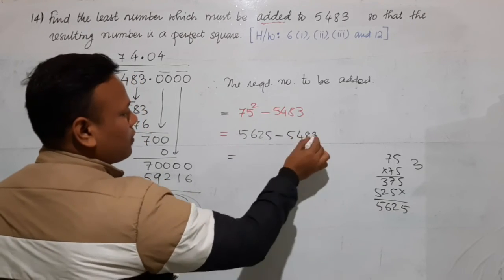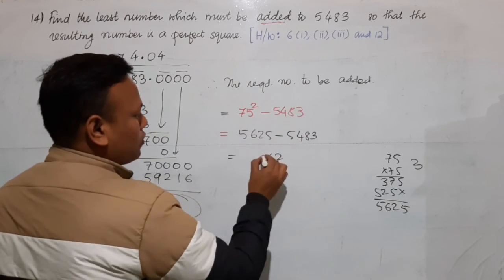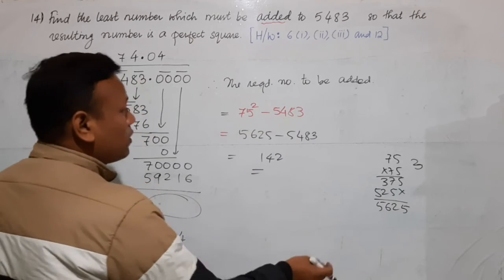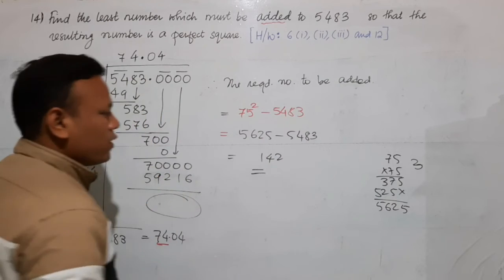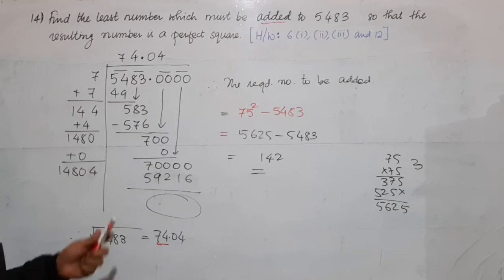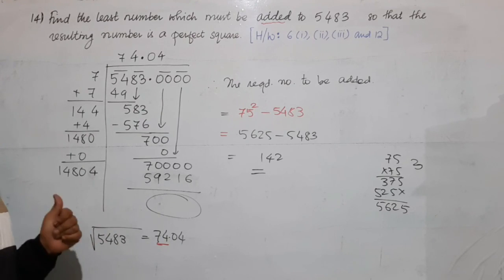Let's subtract. 5 minus 3 is 2. 12 minus 8 is 4. 5 minus 4 is 1. So the number which I need to add is 142. This is your first problem, and with this we close exercise 3b.